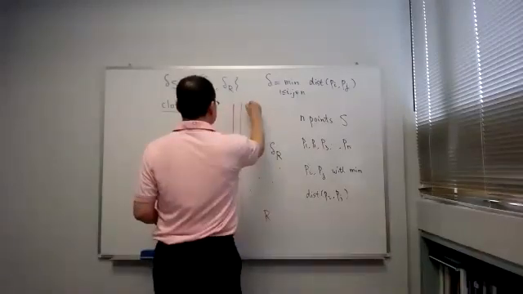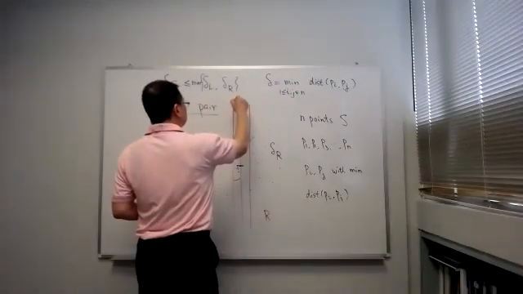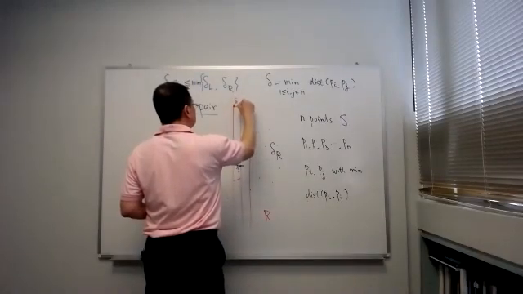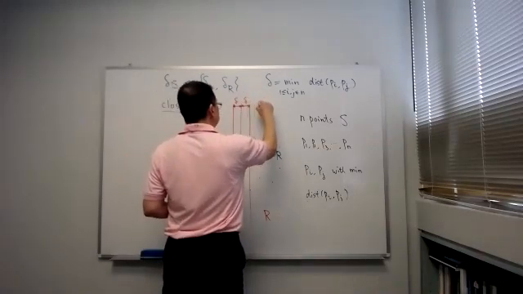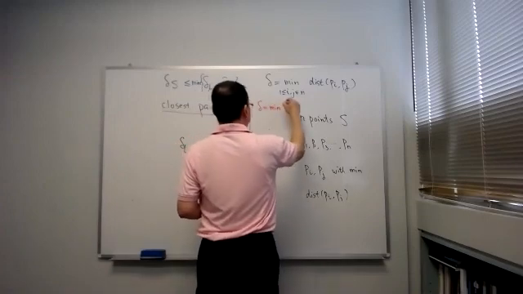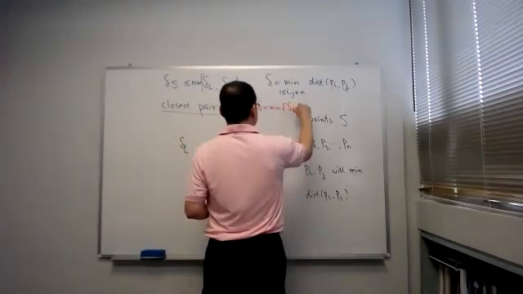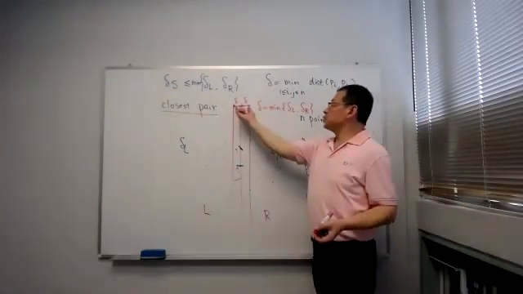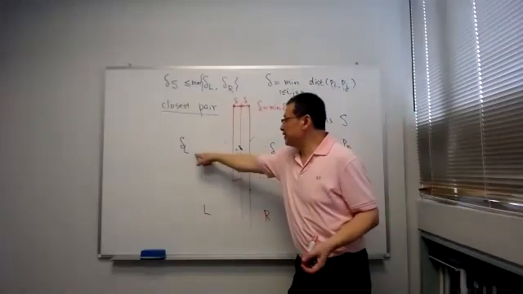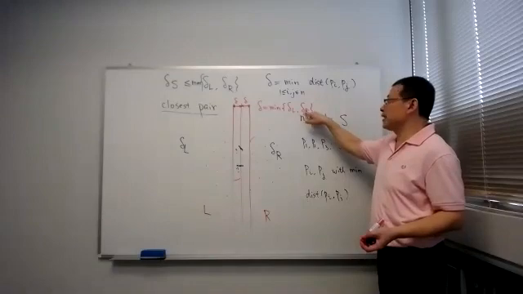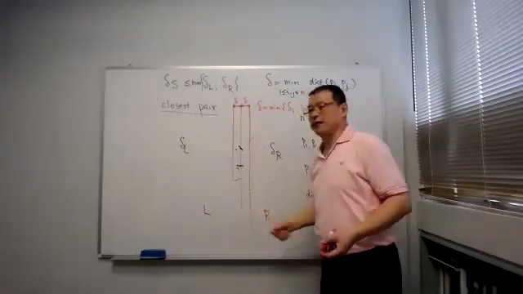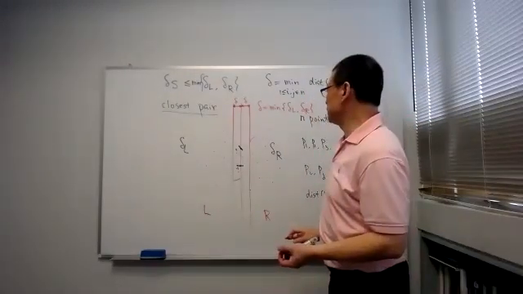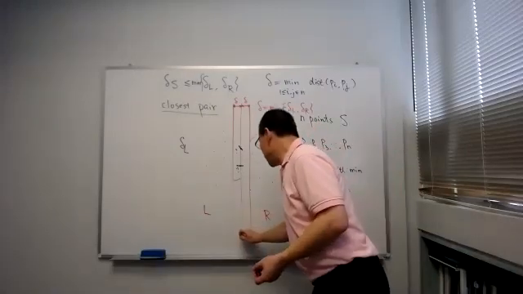Consider a strip whose width is 2 delta, where delta is the minimum of the left side and the right side delta, so delta L, delta R. So we consider this strip. Okay. So within this strip, it's a vertical strip, maybe call it B.